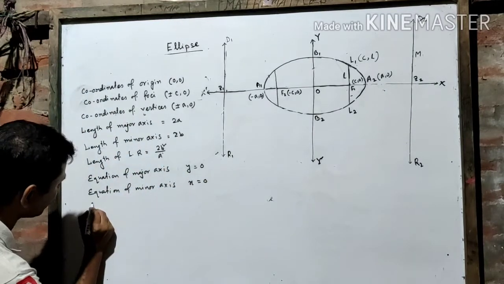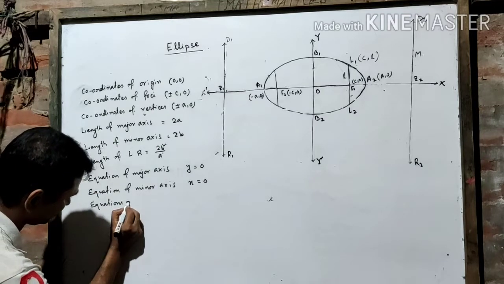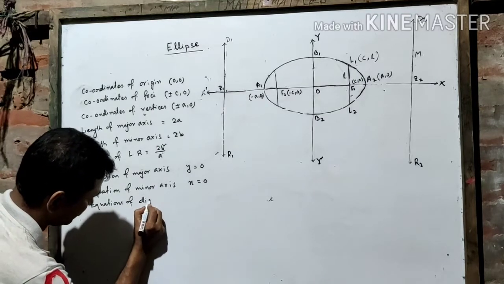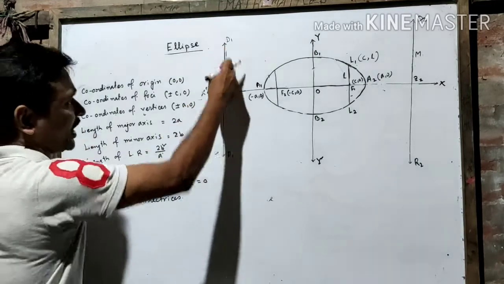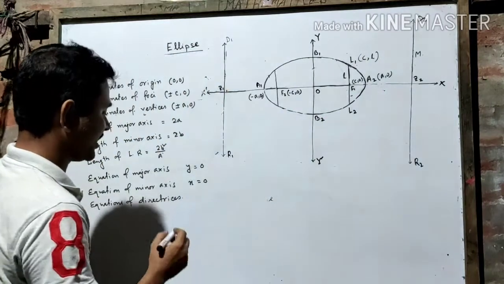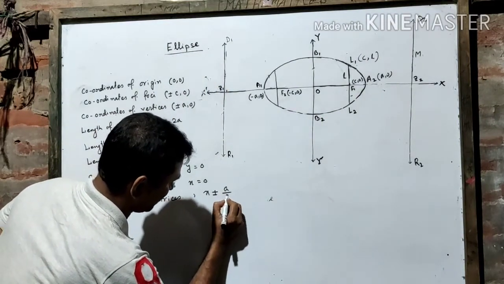Equations of directrices: these two lines are the directrices and their equations are x plus minus a by e equal to 0.